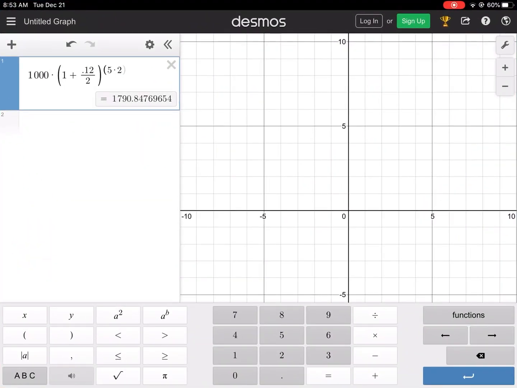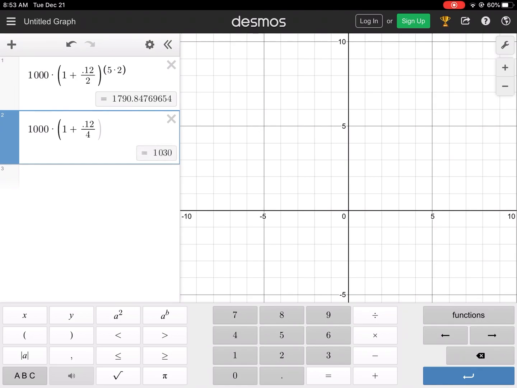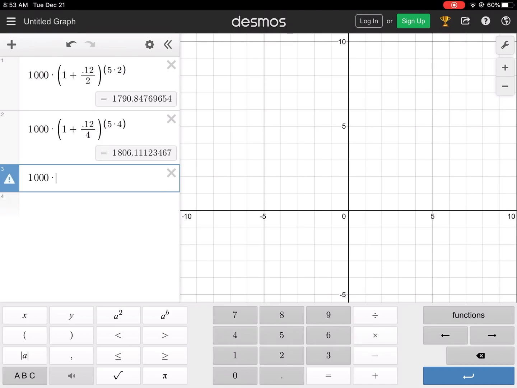So we can see what happens here. 1,000 times 1 plus 0.12 divided by, we did it quarterly, to the power of 5 times 4. 1,000 times parenthesis 1 plus, I think monthly was next, so this would be 5 times 12.